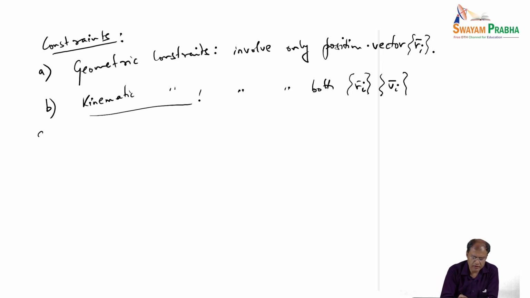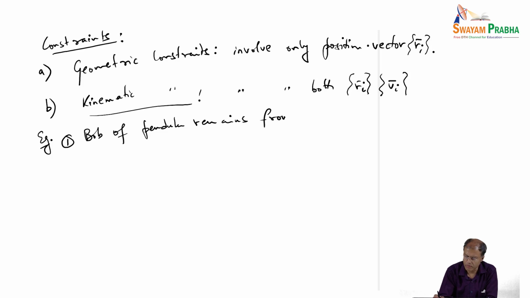A typical example is the bob of a pendulum of fixed length, which remains fixed from the point of support. So this is a case of geometric constraints.